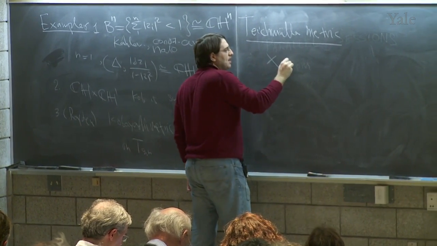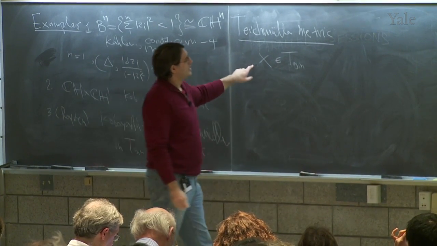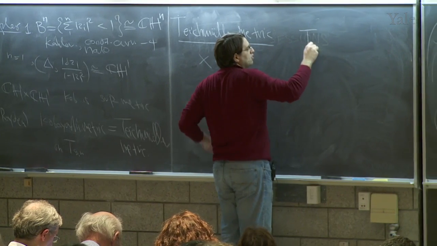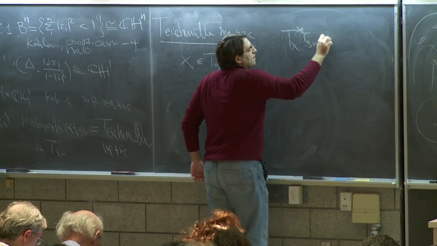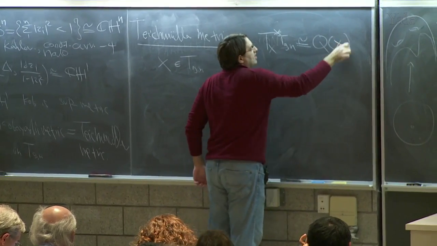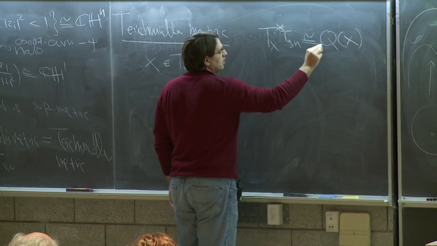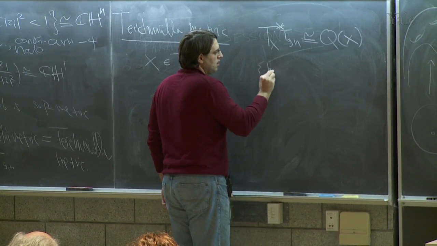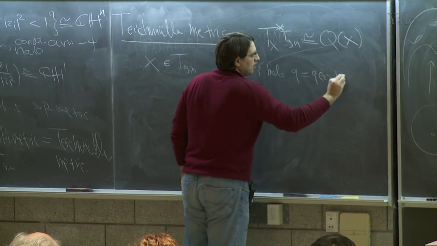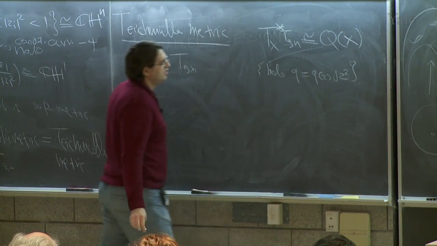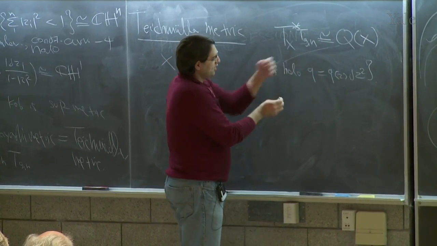So for any point in Teichmüller space corresponding to some Riemann surface X, there is a natural identification between the cotangent space to Teichmüller space over that point and the complex vector space of integrable holomorphic quadratic differentials on X. These are holomorphic forms of the form in some local coordinate Z. And this vector space is equipped with a natural norm.